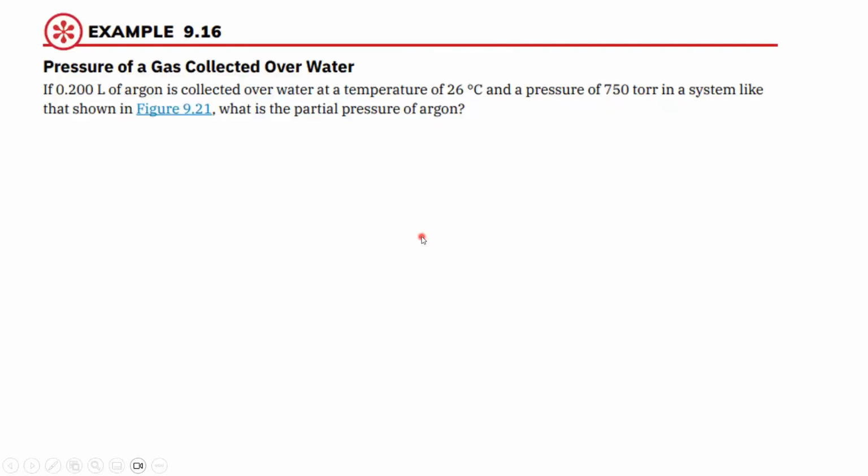But now a question like this, again similar to what we did in the lab: if 0.200 liters of argon is collected over water at a temperature of 26 degrees Celsius and a pressure of 750 torr in a system like the one we just saw, what is the partial pressure of argon?